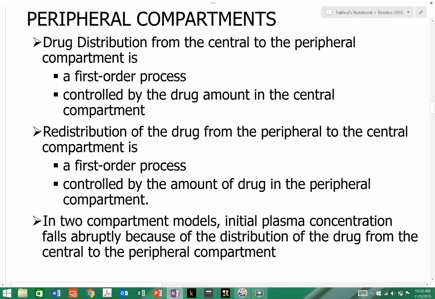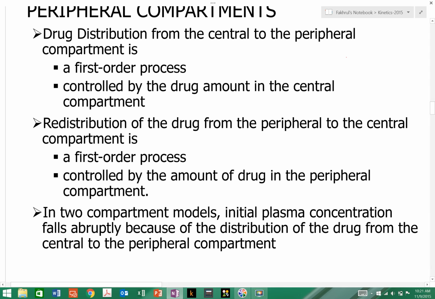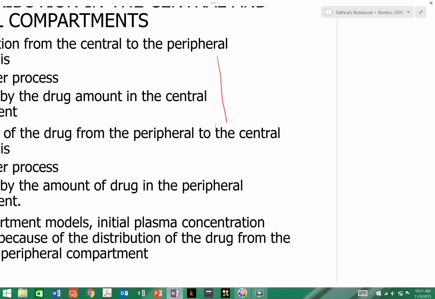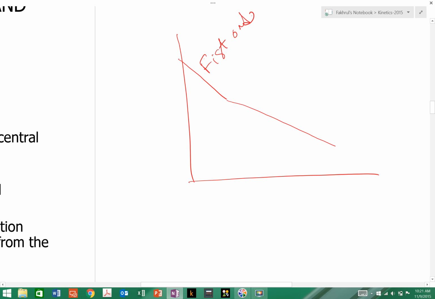And then also you have to remember this two here. If you see two phases, distribution and then elimination, this is also first order, and this is first order too. So that's why two phases.